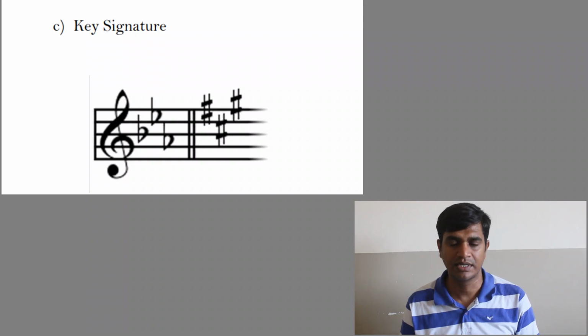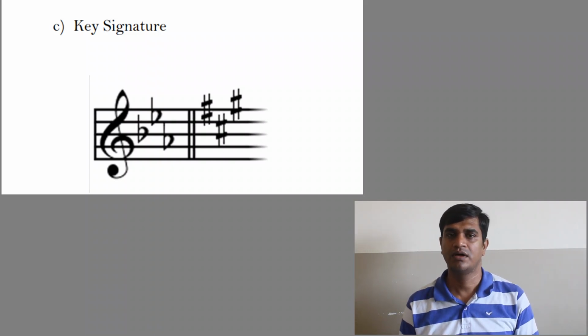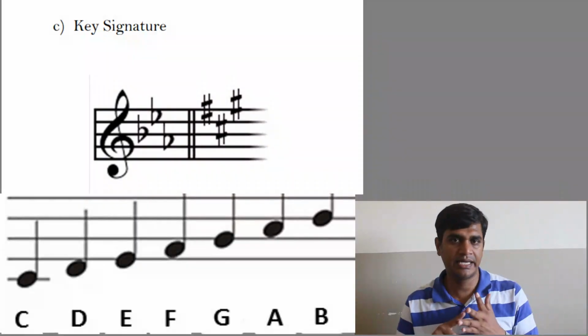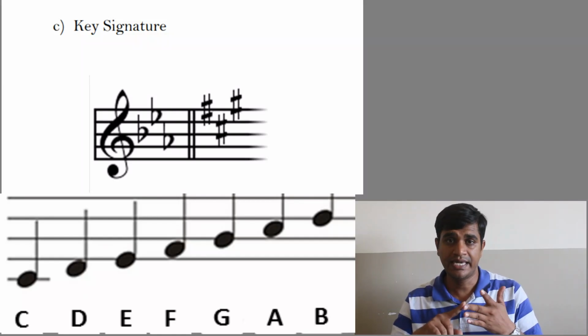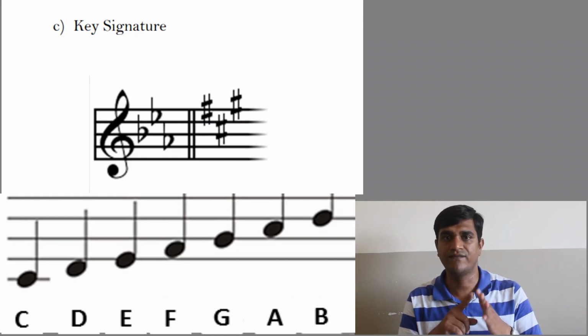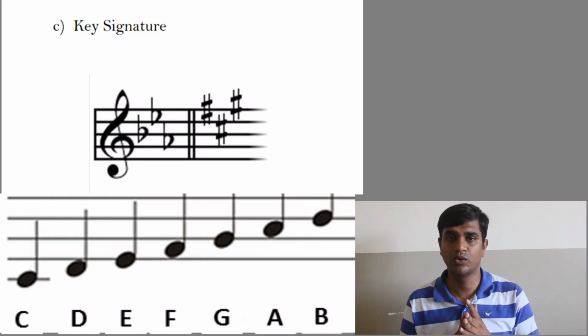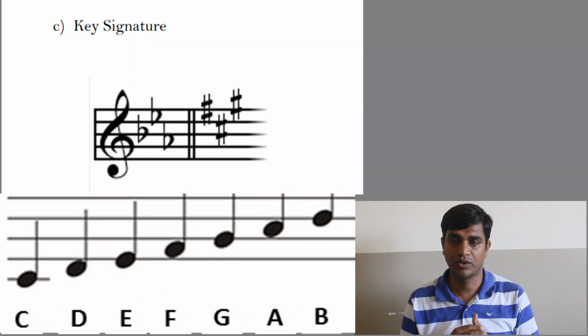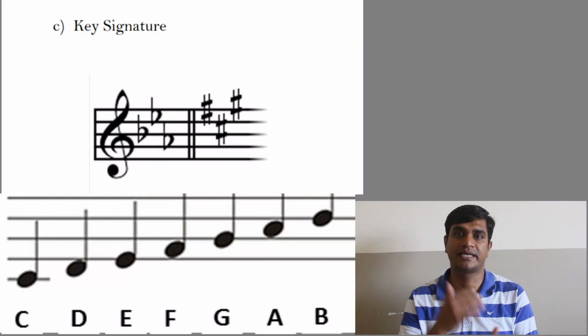Now what is the meaning of scale? You should know we have 7 musical notes: C, D, E, F, G, A, B. These musical notes are taken from English alphabets, A, B, C, D, E, F and G. But musical notes won't start from A, B; rather, they start from C, D, E, F, G, and the remaining A and B are placed behind G. These notes are called scales.